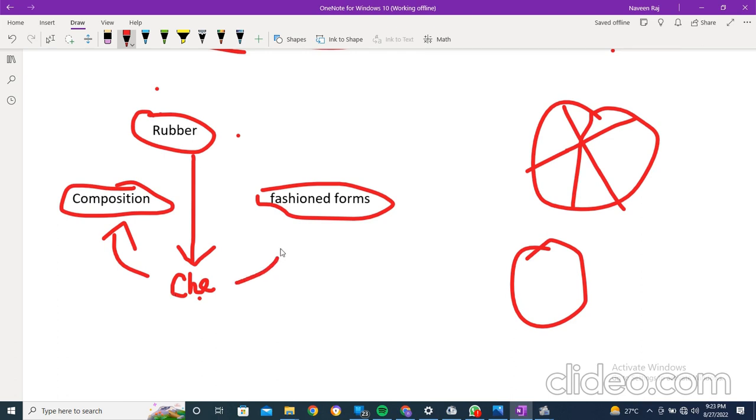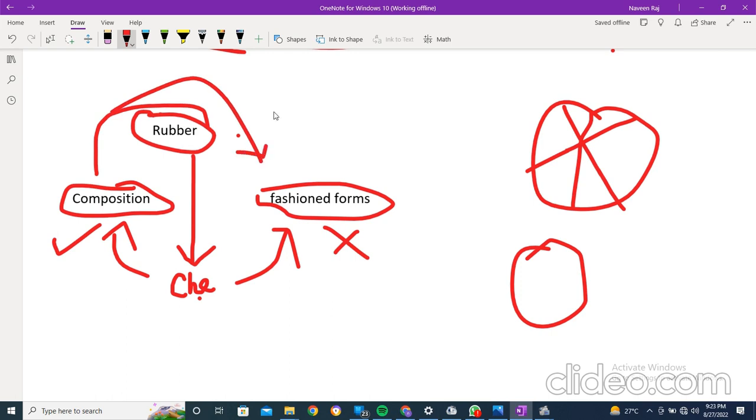So remember my point that will clear the concept of chemistry: chemistry is under the composition. Chemistry is not under the fashion form, but you can say that the composition is what links it to the fashion form. So concluding, if we are taking rubber as an example to study chemistry, we are not looking into the fashion form, the tires and this sort of stuff.